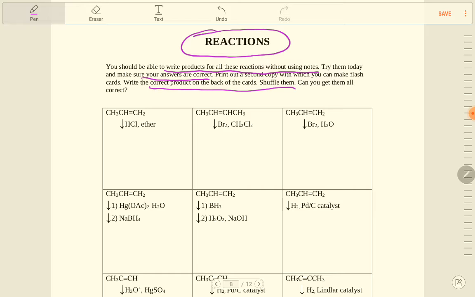All right, now this is an alkene, C double bond C, and HX in ether. So that is basically addition of HX. How does this form? Basically one bond of this double bond breaks, and that C is going to join with the Cl.